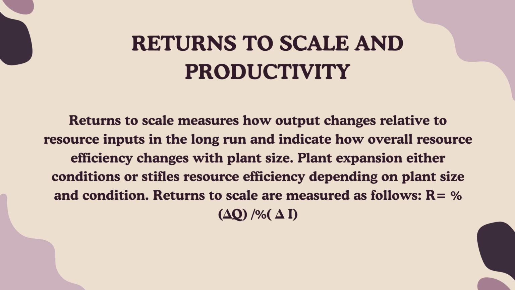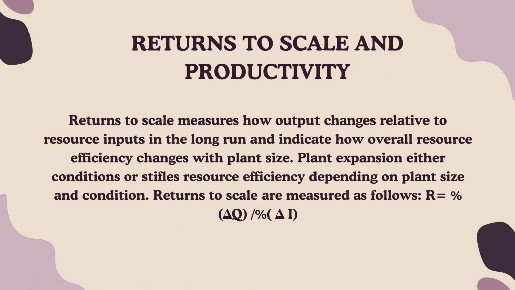Returns to scale are measured as follows: R stands for returns to scale, Q stands for output, I is resource input, and the triangle sign stands for change, and the next is a percentage. Resource efficiency of Q over I increases when R is greater than 1 because Q increases faster than I. The opposite is true when R is less than 1.